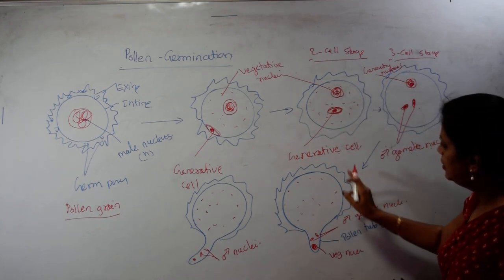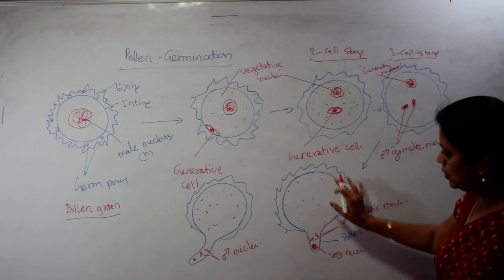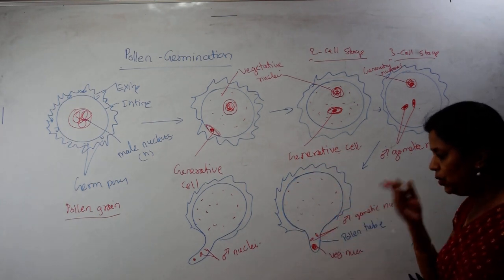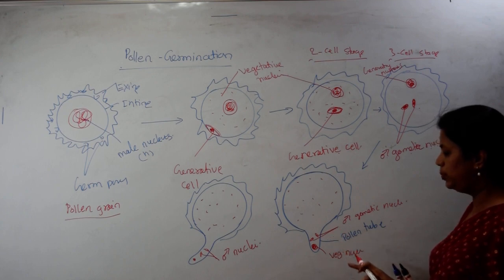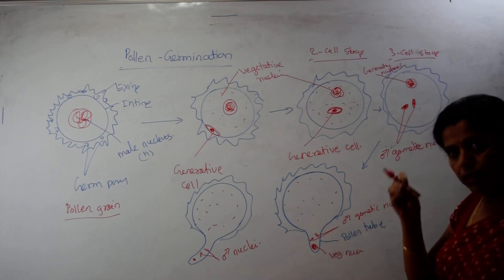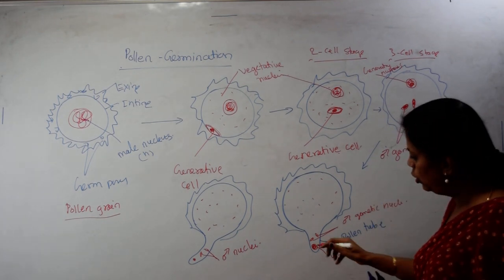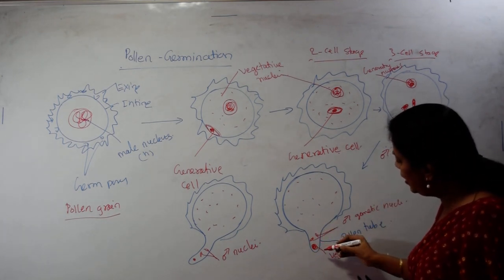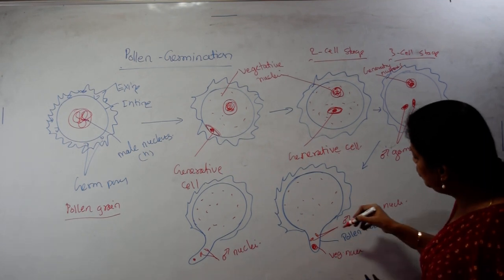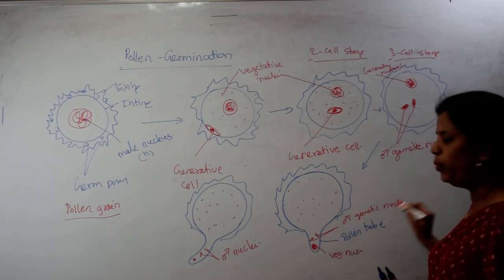Now after this, the pollen grain will show the development of a small outgrowth, protruding through the germ pores. The exact openings are called germ pores, through which it is released. In that, the vegetative nucleus also enters, and the two male gametic nuclei also enter into the pollen tube.